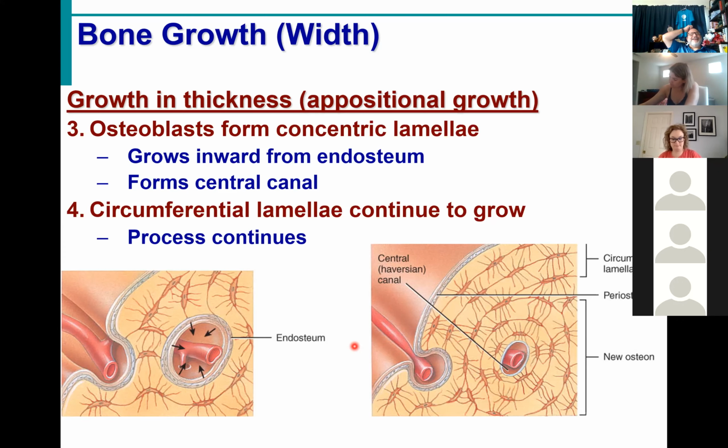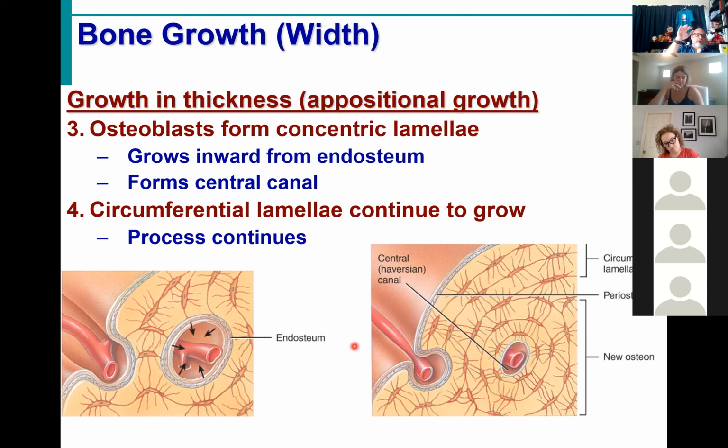And notice also, we hinted at this before. If you think back to intramembranous and endochondral ossification, in endochondral ossification, that bone cuff and the compact bone occurred underneath the periosteum. That's where we form the compact bone.